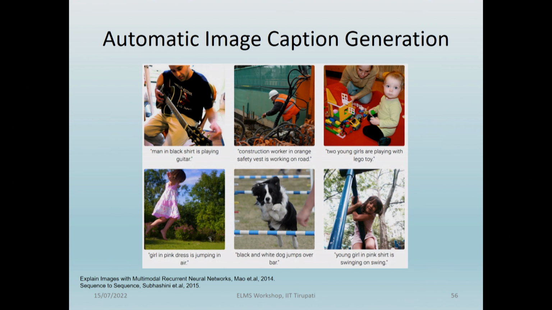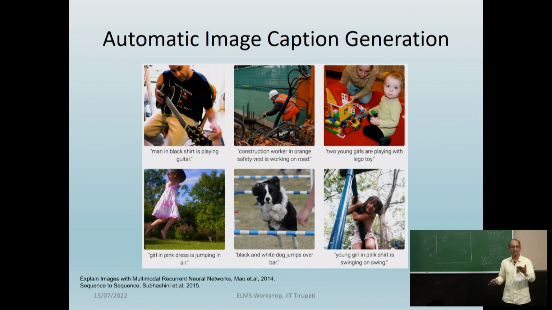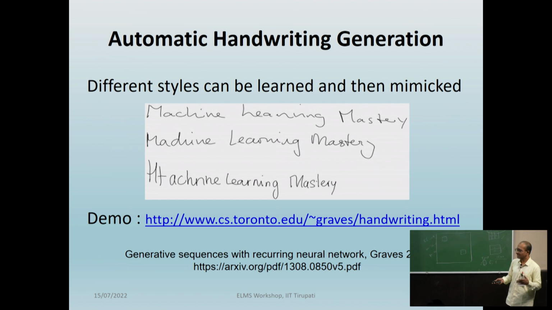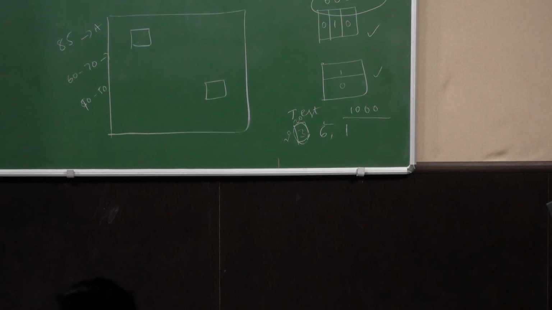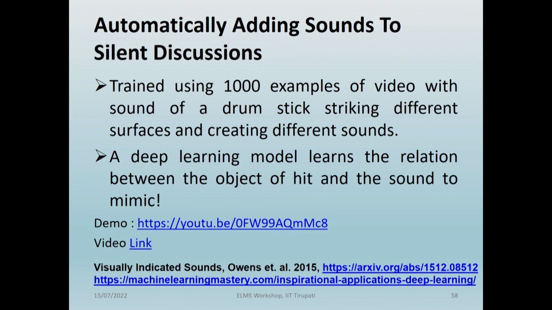There are other examples. In caption generation, the computer program can see an image and give an inference. Writing can also be synthesized by the program itself. And if you provide a video of an object being hit to the algorithm, it produces the sound itself, mimicking the sound.